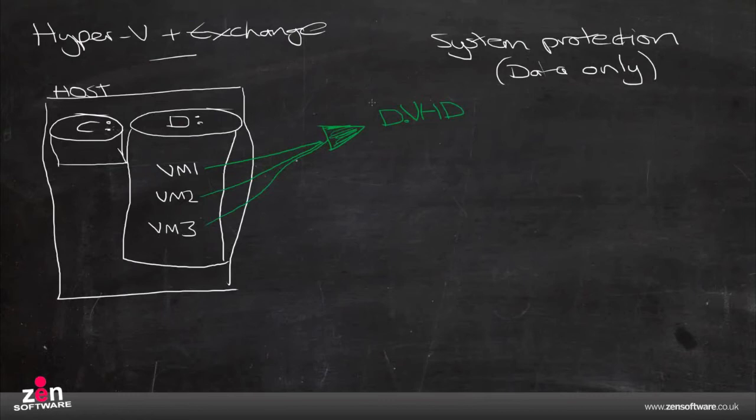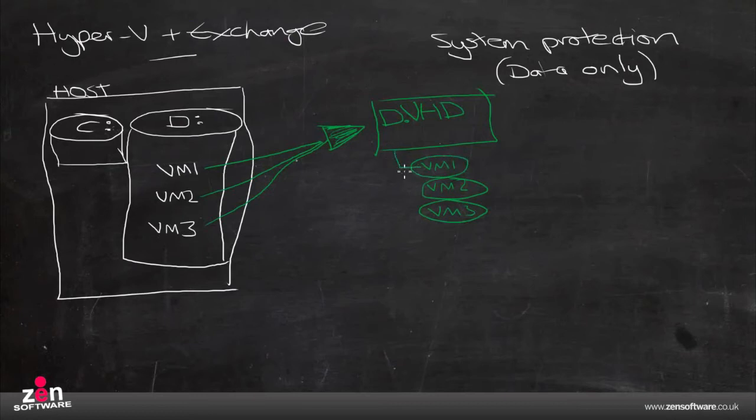And what we're actually creating on our backup destination is a virtual drive, a VHD file that represents that D drive. So we'll name that d.vhd. And it's not the whole D drive, remember it's just the information that's relevant to those virtual machines. Now with that backup we can do several things, and this is where the Hyper-V Granular Restore console comes into play.